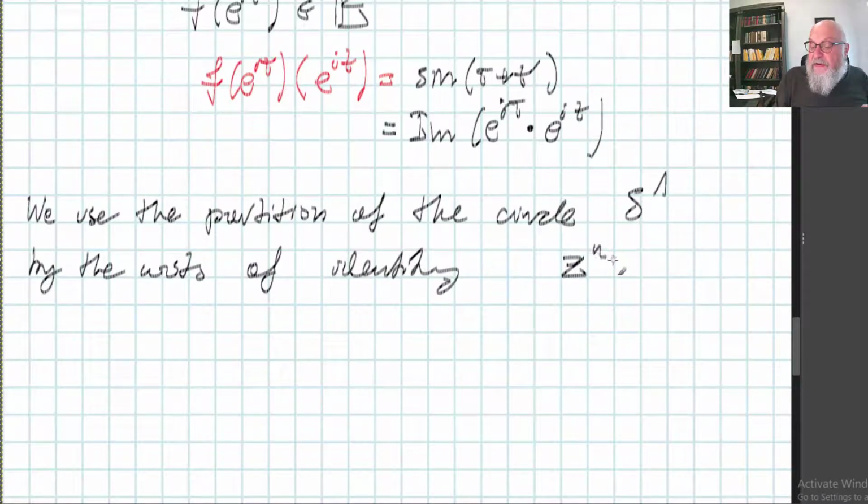I put here the roots as γ_n to the power j. So what are these roots? This means these roots of identity give me a partition. So γ_n is equal to e^{2πi/n}.